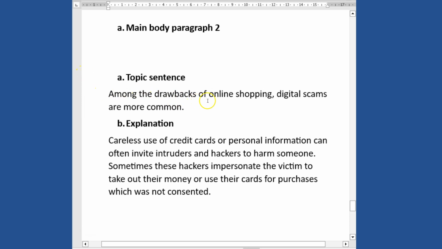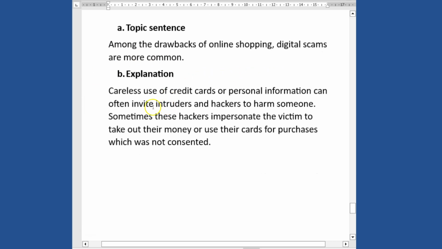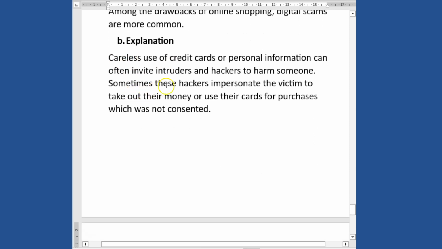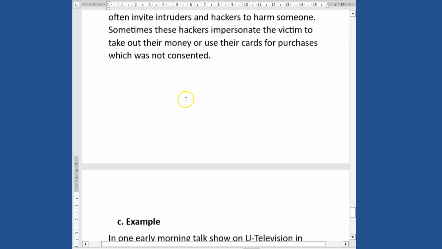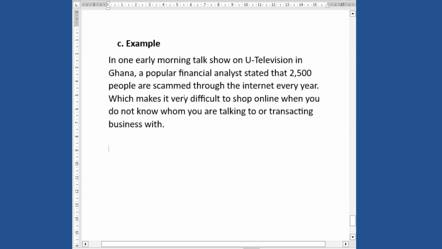Among the drawbacks of shopping online, digital scams are more common. Careless use of credit cards or personal information can often invite intruders and hackers to harm people. Sometimes these hackers impersonate the victim to take out their money or use their card for purchases which is not consented.